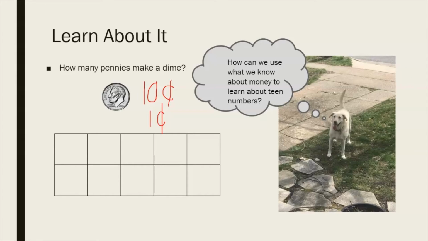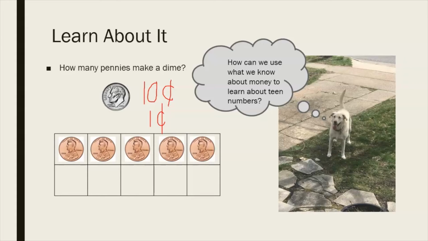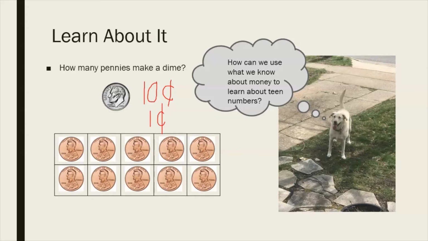So let's take a look. 1 penny, 2, 3, 4, 5. So I have 5 cents, 6, 7, 8, 9, 10 cents. And 10 cents is the same as a dime. So I know it takes 10 pennies to make 1 dime.